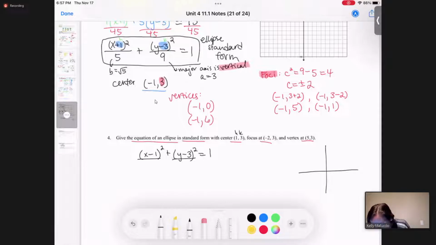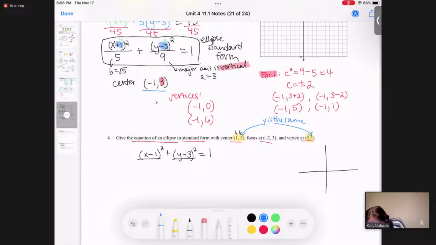So let's take a look. Look at the center. When you look at the vertex, it gives you one vertex, but you can find the other based on that. When you compare these, we note the 3 and the 3, so y is the same. Since the x changed, the major axis is horizontal.